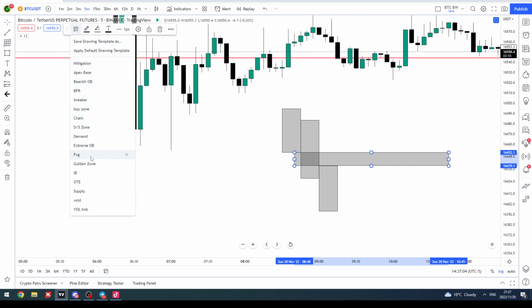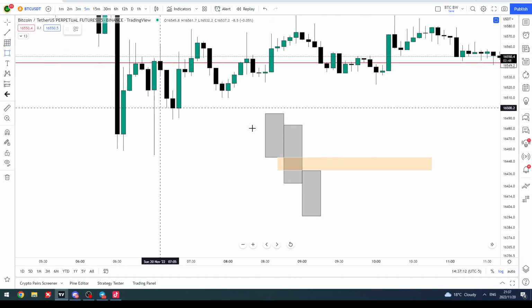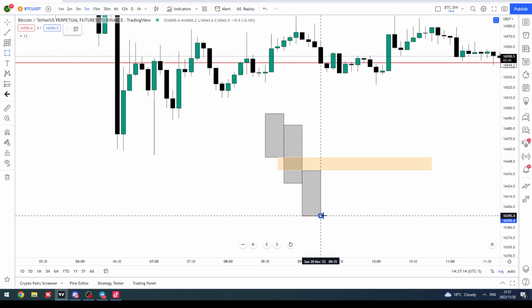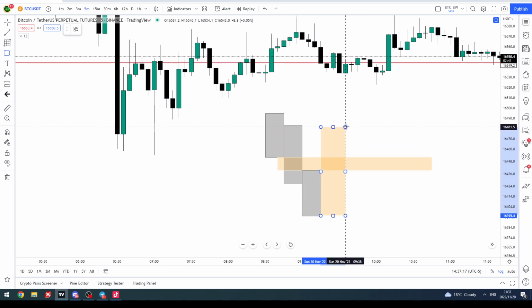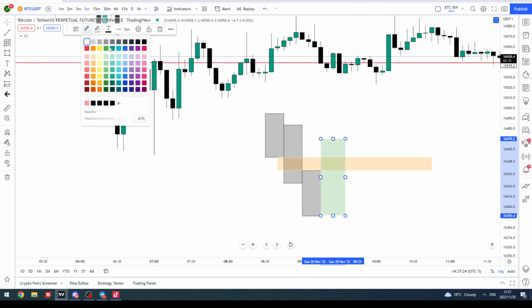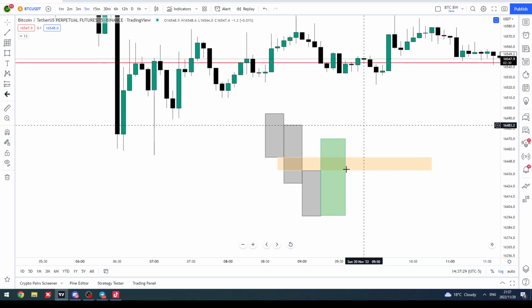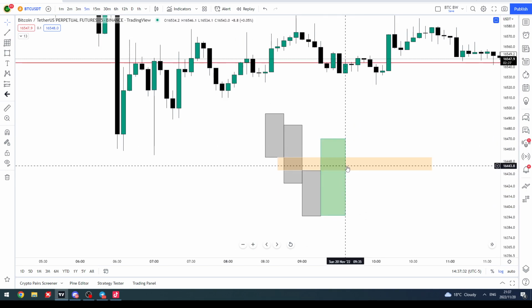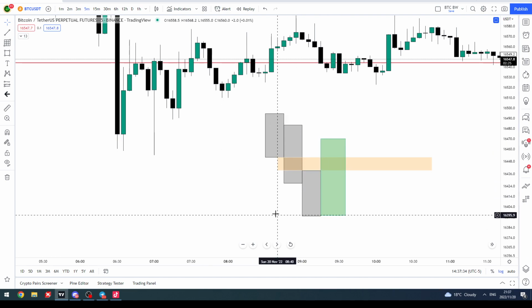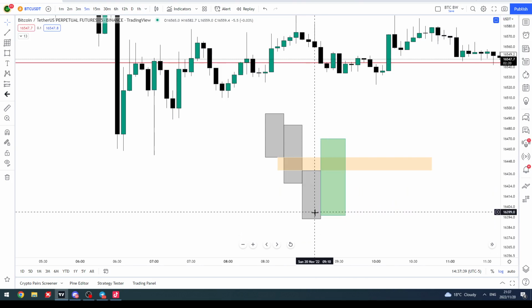You want to see these sort of down candles because the next candle that forms in this range, if the next candle that forms is something like this, and we'll call that a green candle, then this candle here, the very last candle, is now your order block, right?